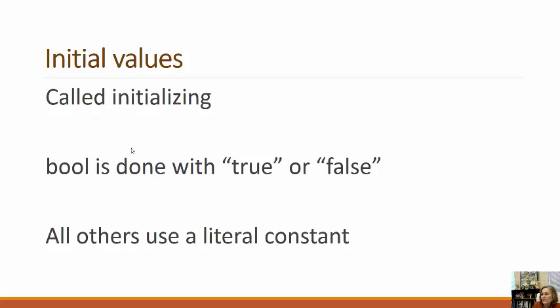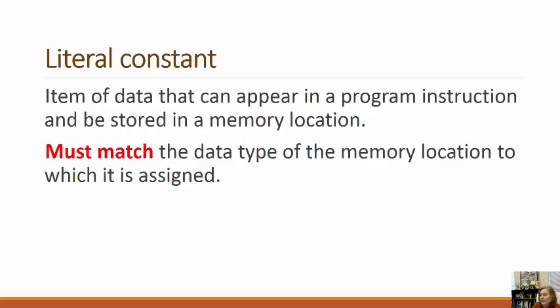The other step when you're declaring variables is called initializing. It's done by using literal constants on everything except if you're doing Boolean. Boolean is initialized with either true or false. Everything else uses a literal constant. Now, unfortunately, literal constant sometimes gets confused with named constant variables.